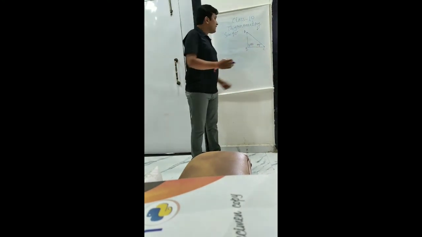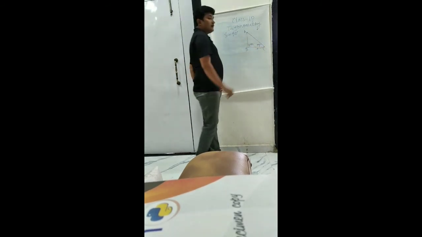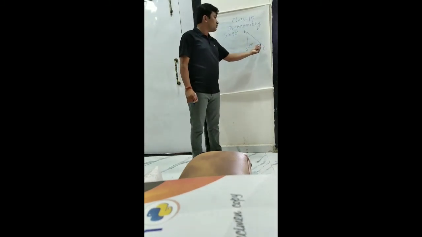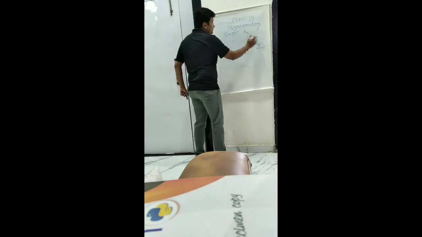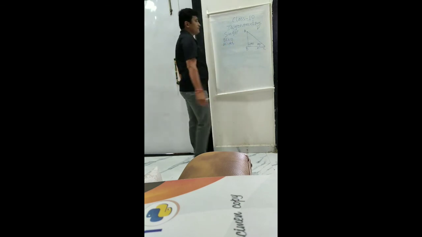So in that case, what will happen is that this AC will shift to this side, because whatever the angle is, if we want to make its value 90 degrees, we have to shift it this side. Because of shifting of AC this side, the length of BC will be 0 and the length of AC will be equal to the length of AB.